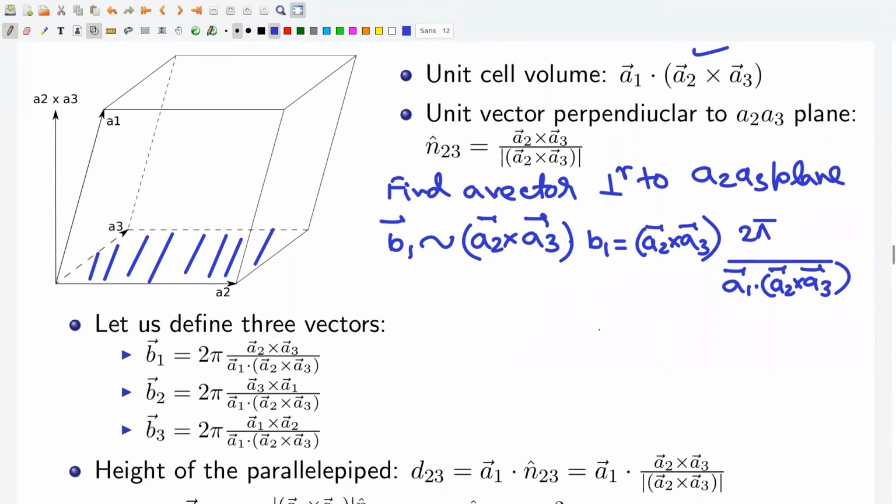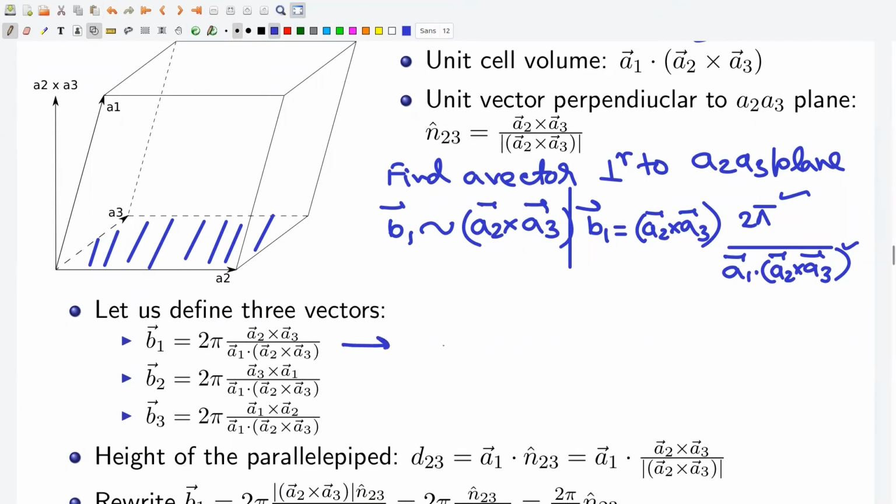B1 is a vector perpendicular to the A2, A3 plane, multiplied by some constant and divided by the volume. We will see what the magnitude of the vector is; at the moment, we just know its direction, which is perpendicular to the A2, A3 plane.